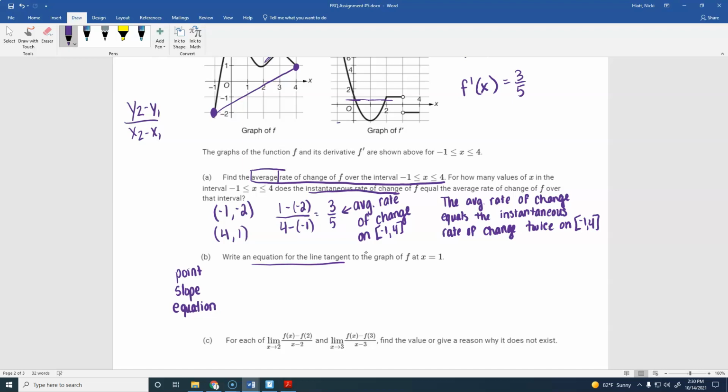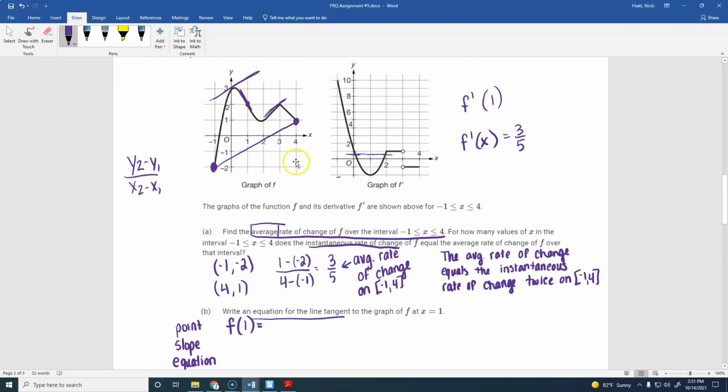How do we find the point? We need f of whatever point we're looking at, which in this case is 1. So if I'm looking for f of 1, I'm going to the graph of f, not f prime, and I'm finding the y coordinate, which is 2. So all you have to write down is f of 1 equals 2, but you need to write that down.